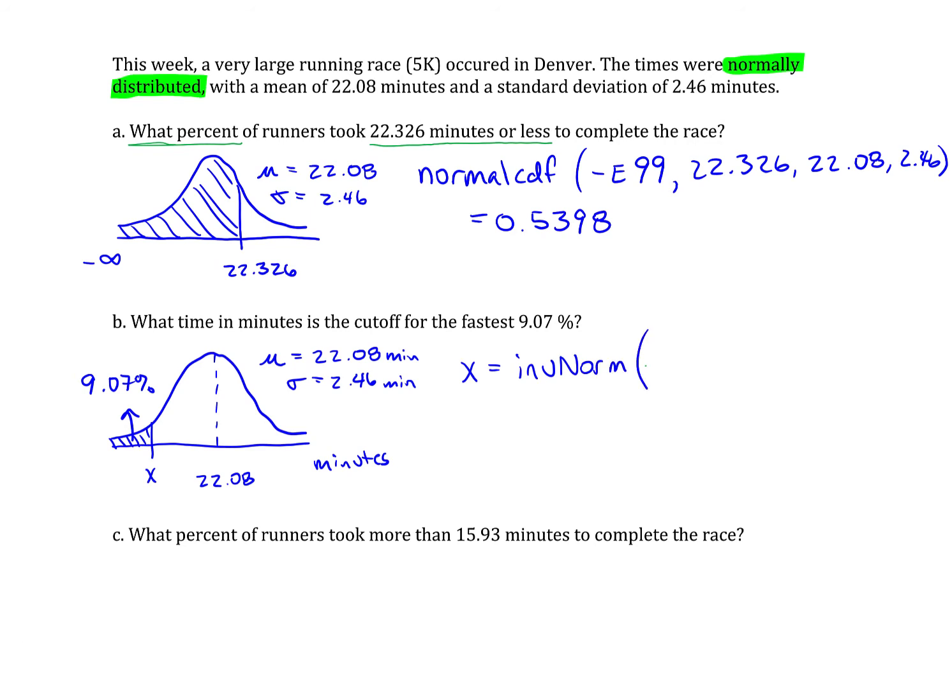It takes the area to the left of an unknown value, and that area to the left is 0.0907 when we change it to a decimal. And then it takes the mean and standard deviation as the last two inputs. And the output is a value relative to the mean and standard deviation and their respective units.